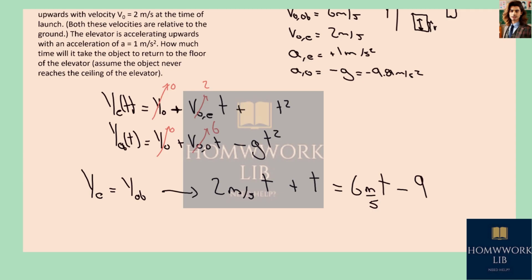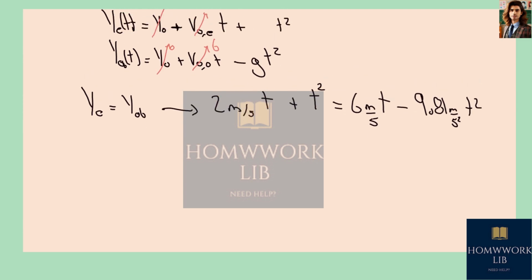minus 9.81 meters per second squared times t squared, and over here t squared as well. We can factorize on both of these equations at t, so this becomes 2 plus t is going to be equal to t times 6 minus 9.81 times t, t on the inside of the parentheses.